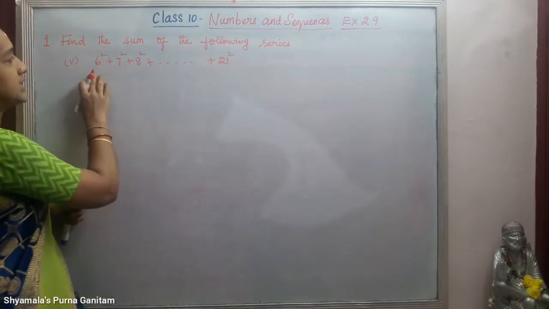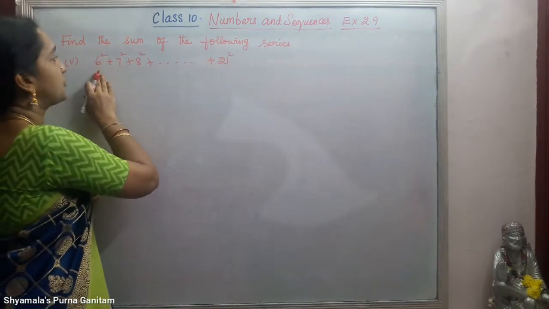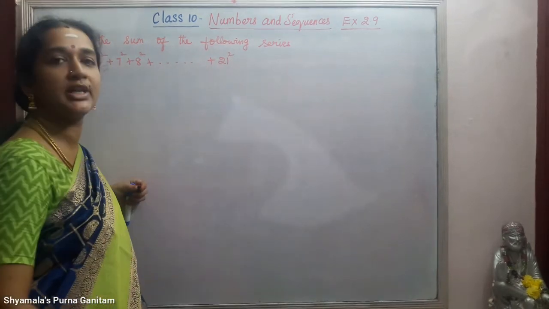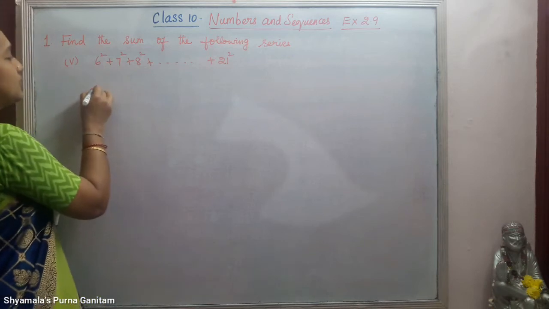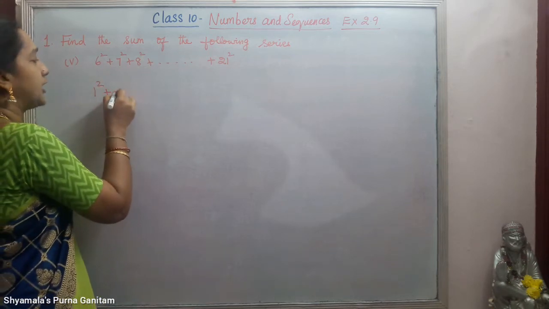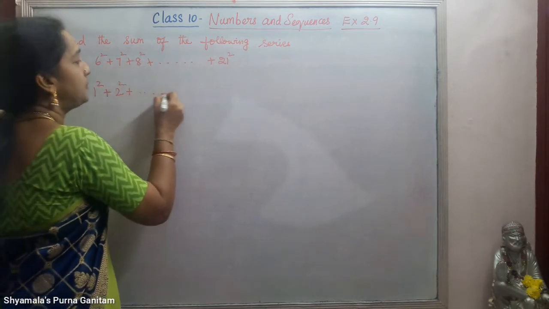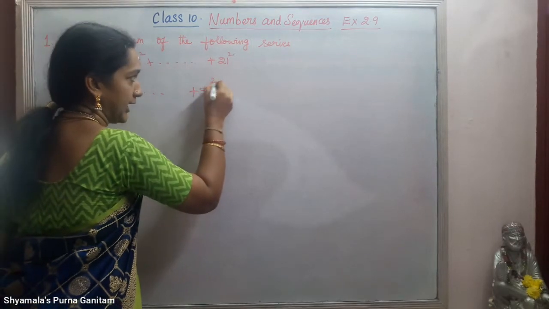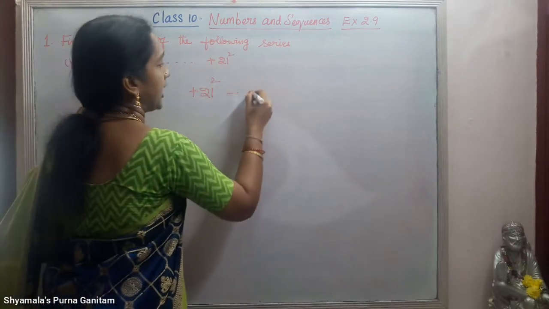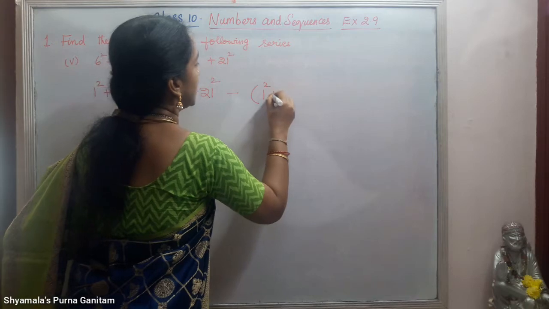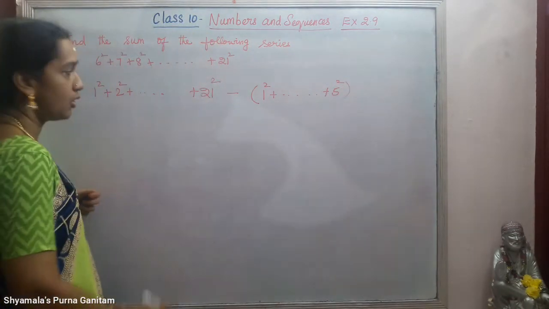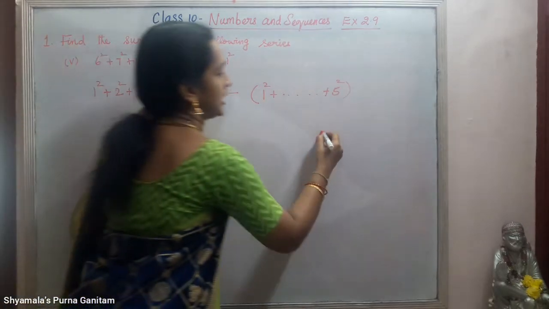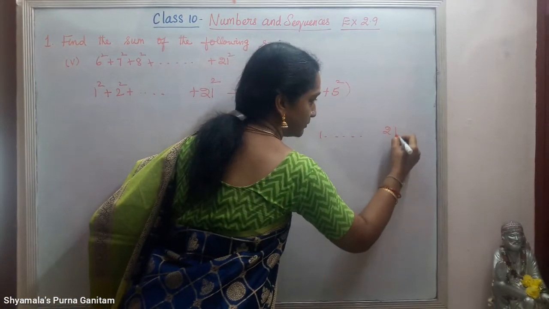Next, our fifth sum is the sum of squares of numbers from 6 squared to 21 squared. For finding this, first we will find the sum from 1 squared, 2 squared up to 21 squared. Then subtract the sum from 1 squared to 5 squared.